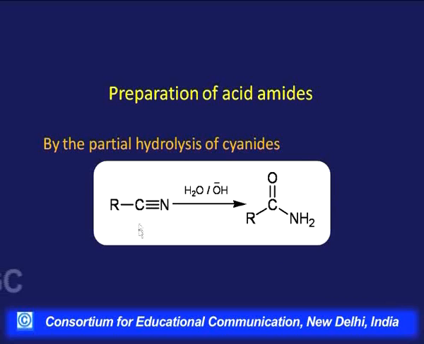So, this is an enol type of structure. So, it undergoes tautomerism and we get C double bond O NH2: the OH was there, H goes to nitrogen and the pi electrons shift here. So, we get amides. If we hydrolyze it completely, we will get carboxylic acids. So, that is why we are using the term partial hydrolysis of cyanides.